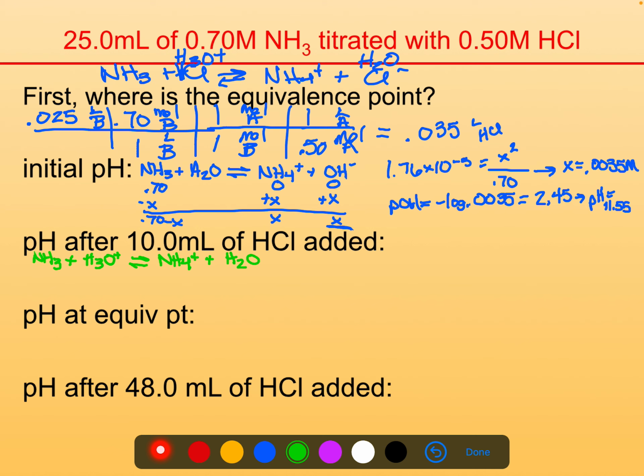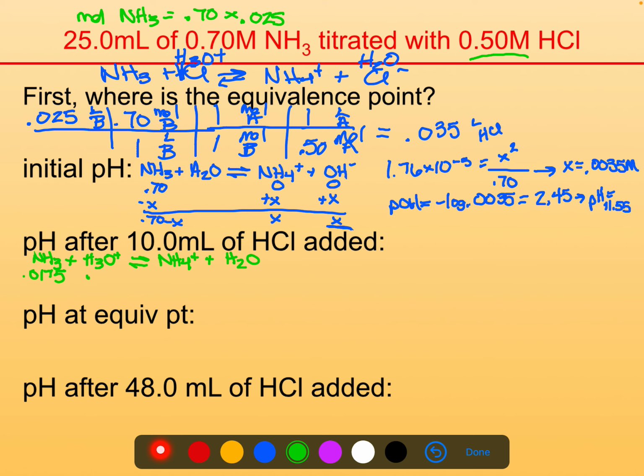Remember, to find moles, we do molarity times volume. So I'll do this up top to find moles of ammonia. We have to do the molarity, the 0.70, times the liters, the 0.025. So that would give us 0.0175 moles of ammonia. For the acid, to find moles, we would have to do the 0.5 molar times the 10 milliliters, so times 0.01.